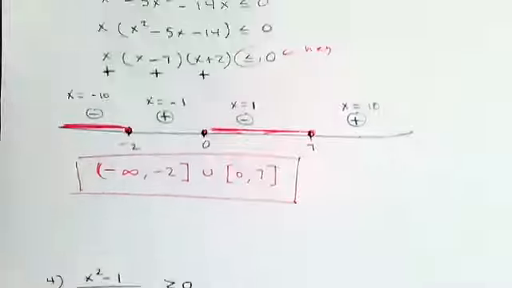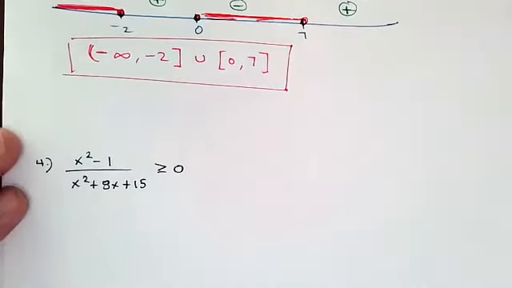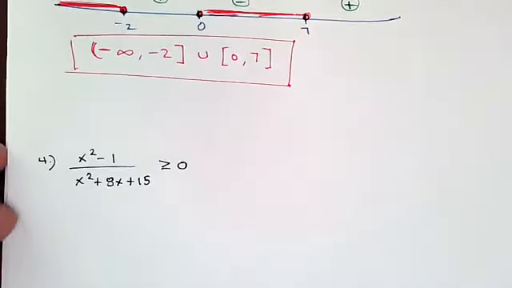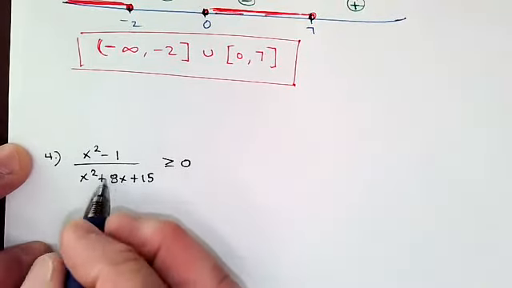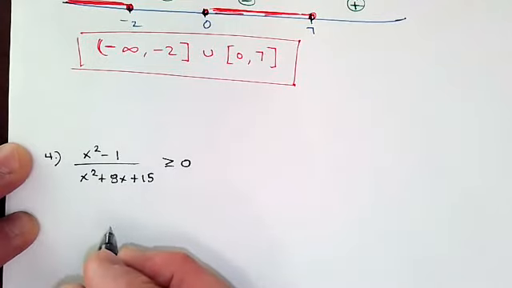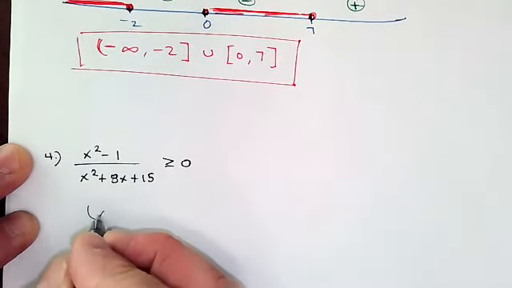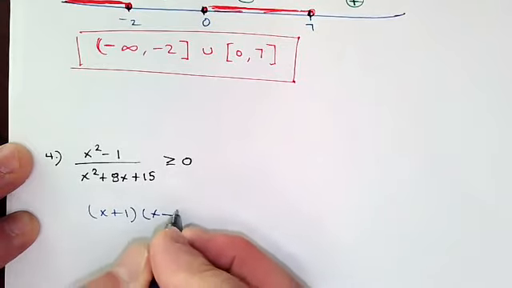Okay, what about if you've got a fraction? Well, the same strategy we're going to use here. We still want to factor everybody. So x squared minus 1 is a difference of squares. x plus 1, x minus 1.